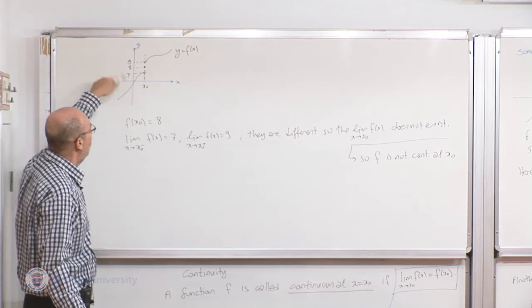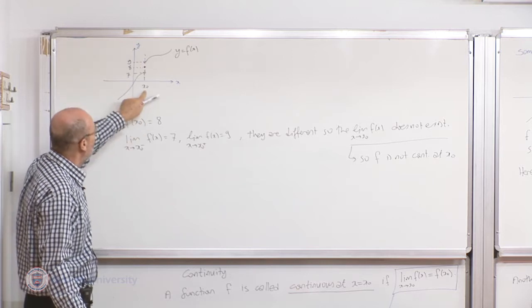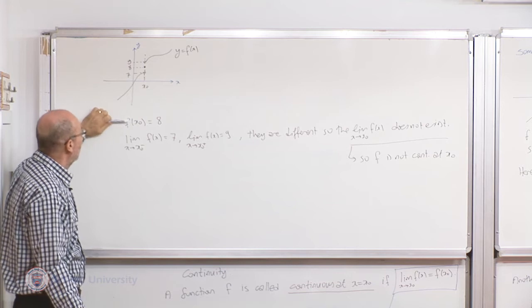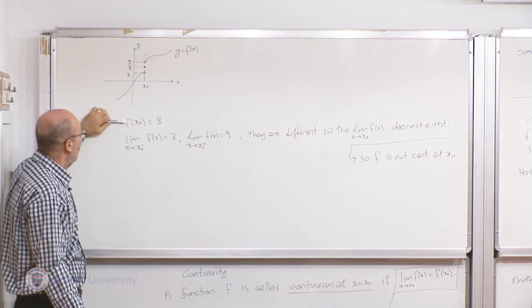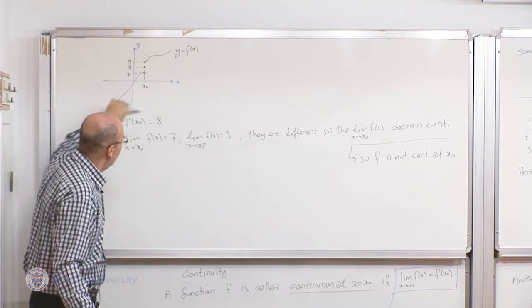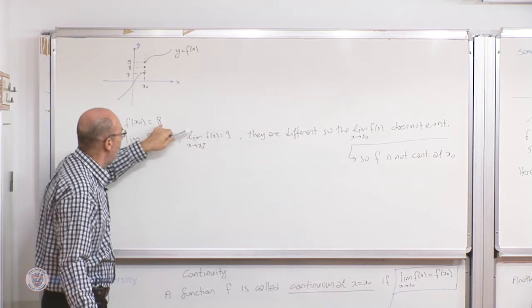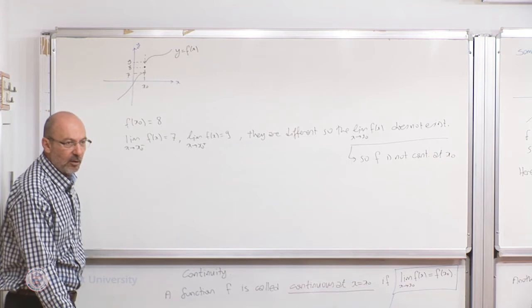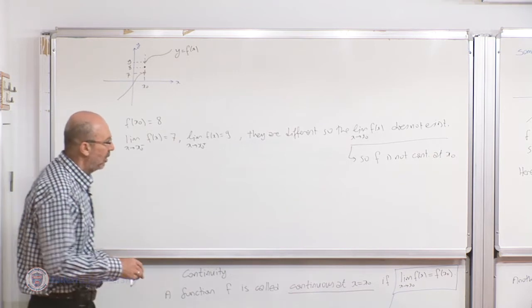As I said, the graph may be very complicated, but continuity at a point, this is what you are going to look at. Is the information available to you allows you to calculate the function at that point, the right and left limits. Now, if all these numbers are the same, the function is continuous at that point. If not, it's not continuous at that point. Okay, so that's all.